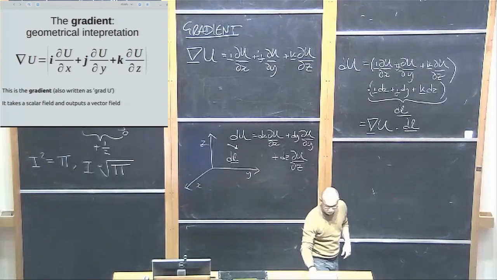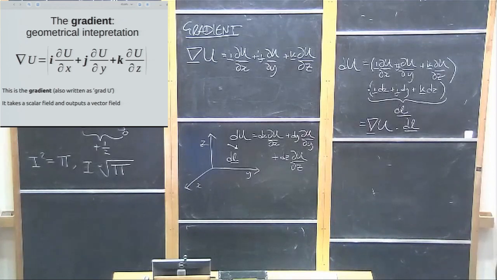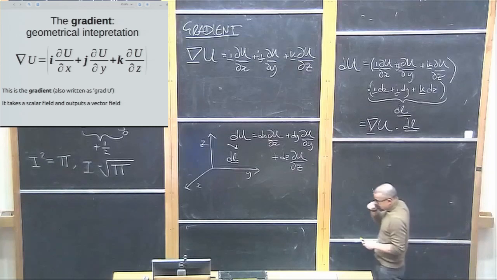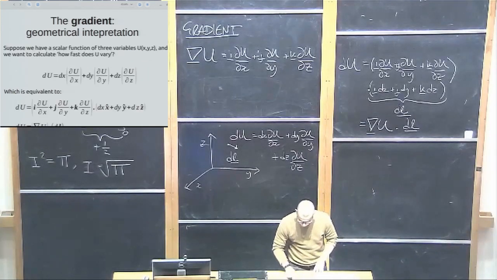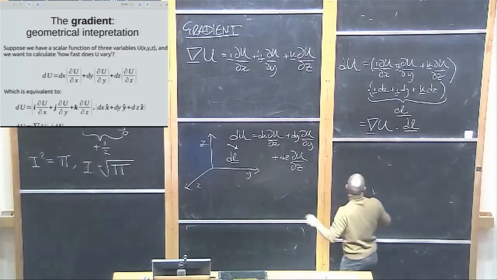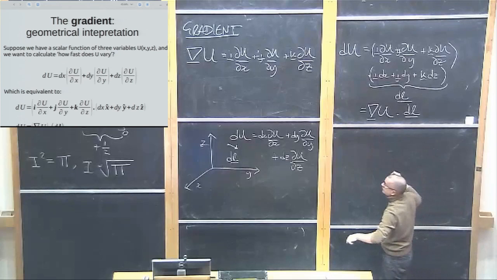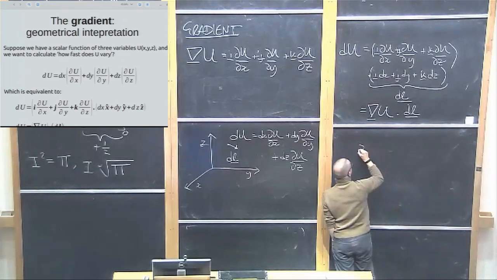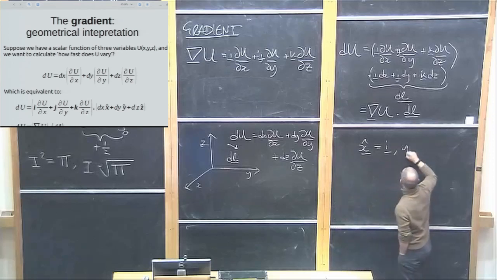Okay, so I've already said this: the gradient takes a scalar field and it outputs a vector field. And note that you'll see in my notes, and also on this slide, that I've interchanged these vectors.